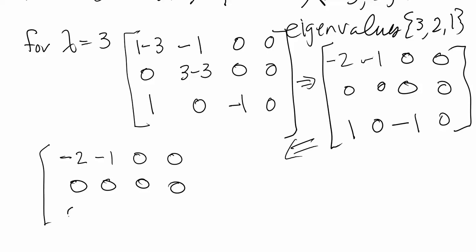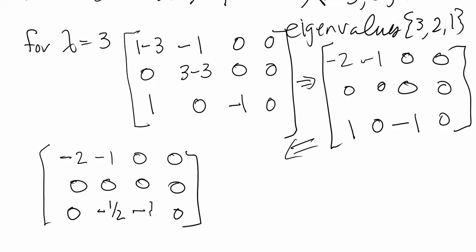So that first term is 0. 1/2 of row 1 is minus 1/2, minus 1/2. And then minus 1/2 times 0 plus a negative 1 is minus 1. So that's what we get.